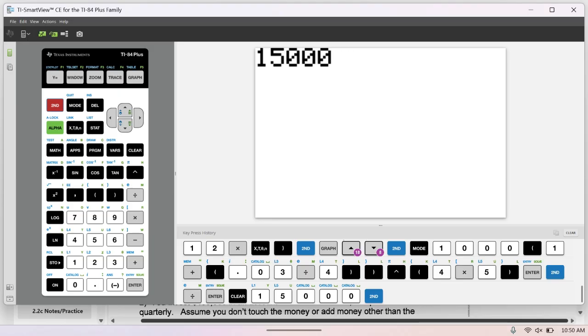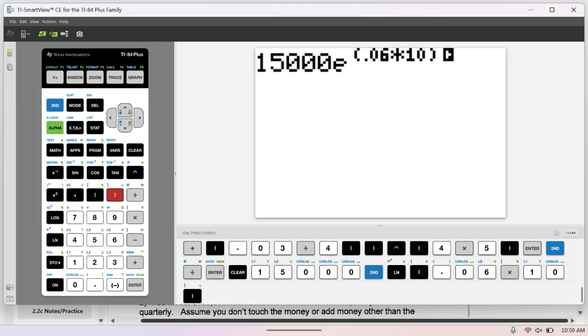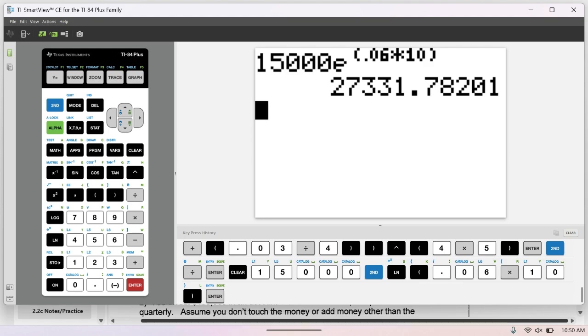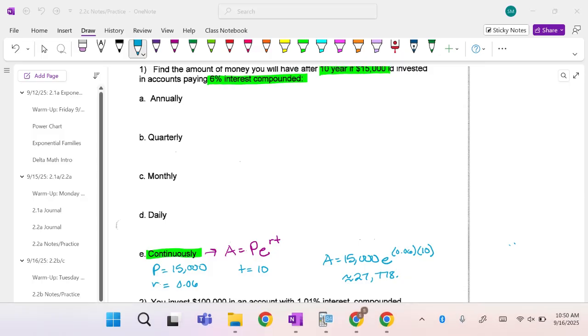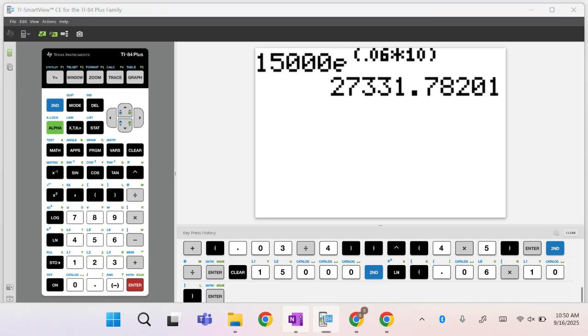Above it, it says E to the X power, so it'll automatically have the exponent raised for you. It plugs in the E, and what we want it raised to is 0.06 times 10. So compounded continuously, that'll be how much money we made after 10 years. It'll be $27,331.78.